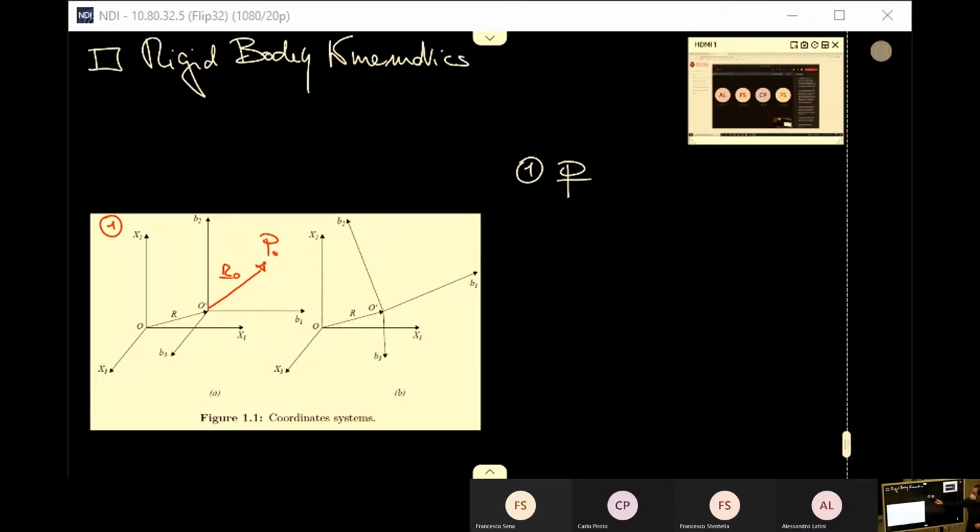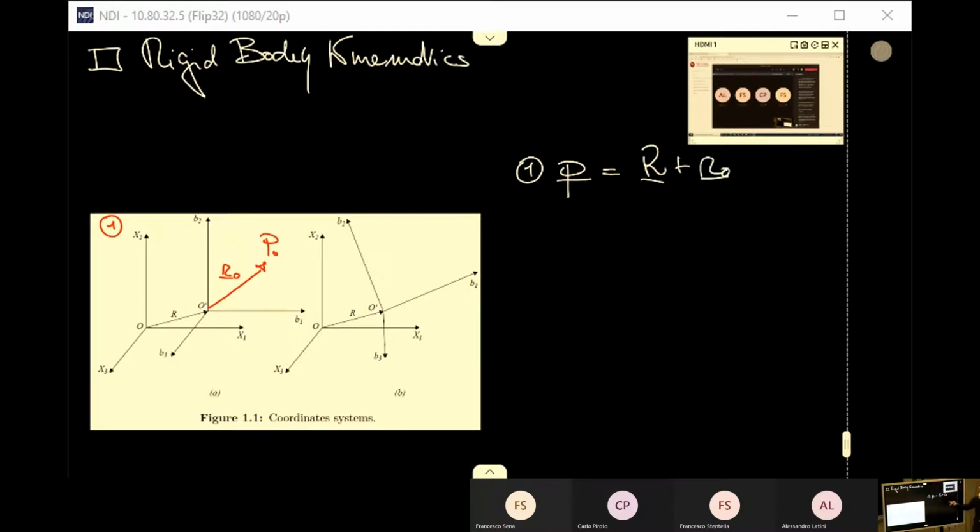This is not capital case, it's small case p, it's a vector, which in the first case is just R, capital R, plus R0 with no overbar.